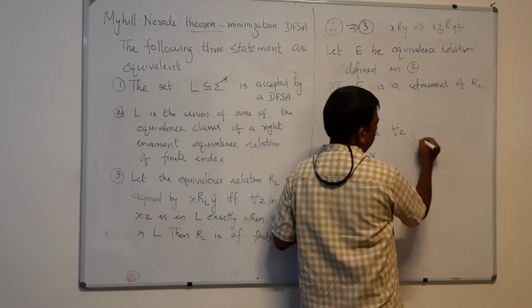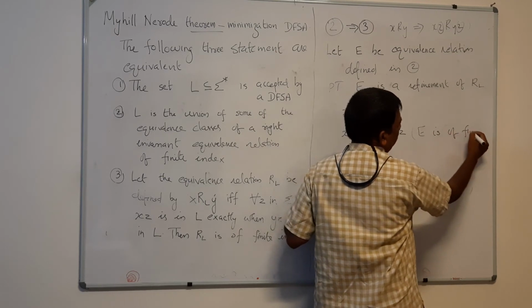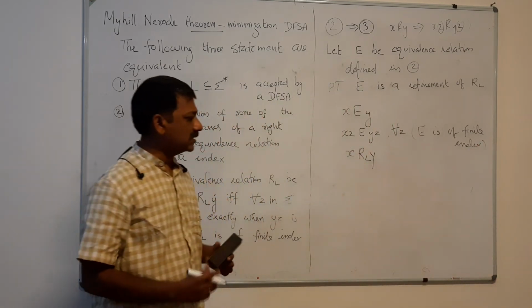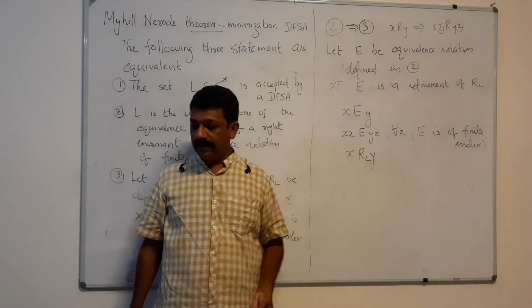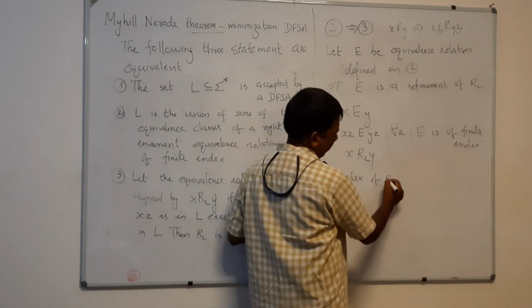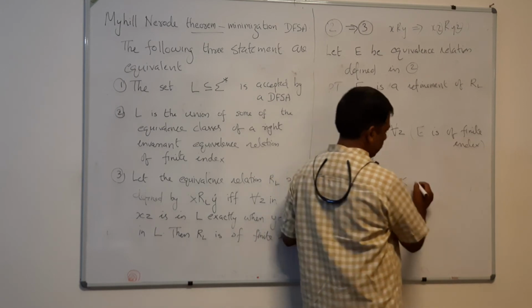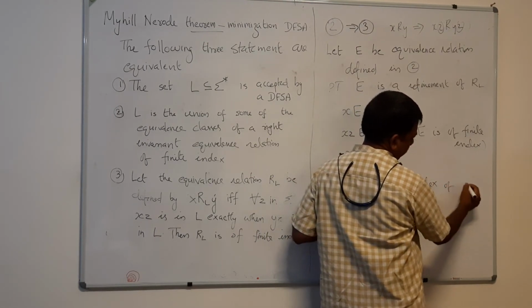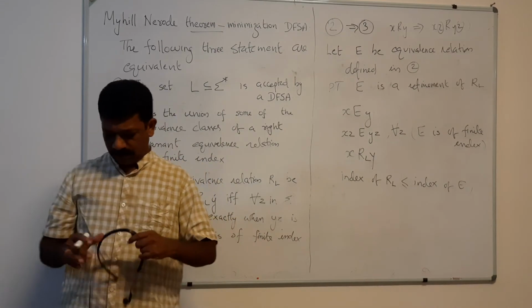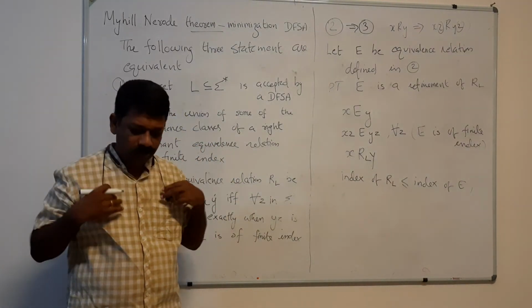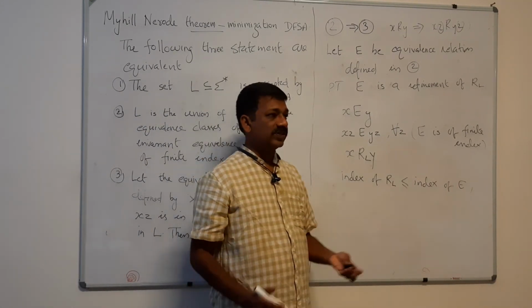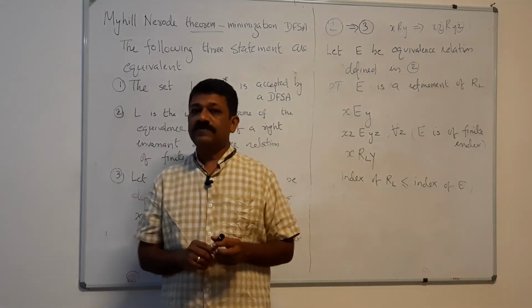Where E is of finite index, X RL Y, and the index of RL is less than or equal to the index of E. I am going to explain this.